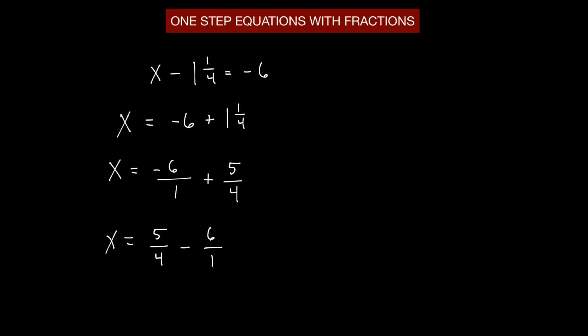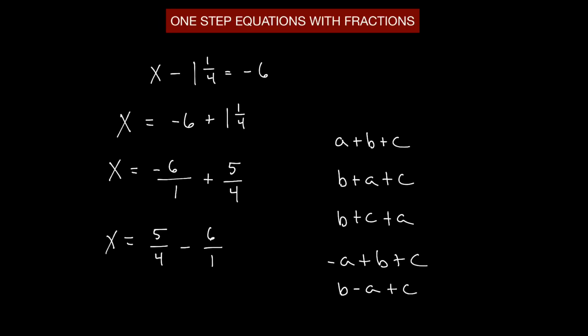Your commutative law of addition, as you know, is a plus b plus c. I could write that as b plus a plus c, or I could write that as b plus c plus a. You see, I could change the order in which they're given, also with negative numbers. So if I have -a plus b plus c, I could say that equals b minus a plus c.